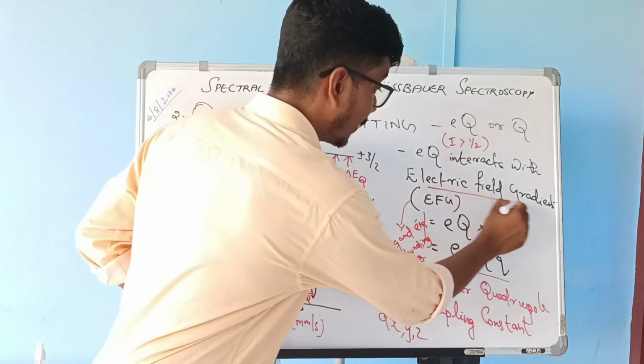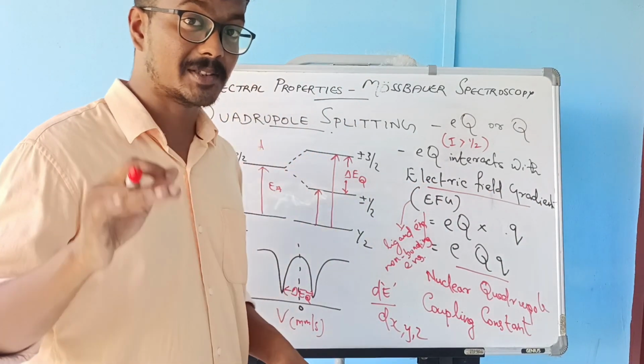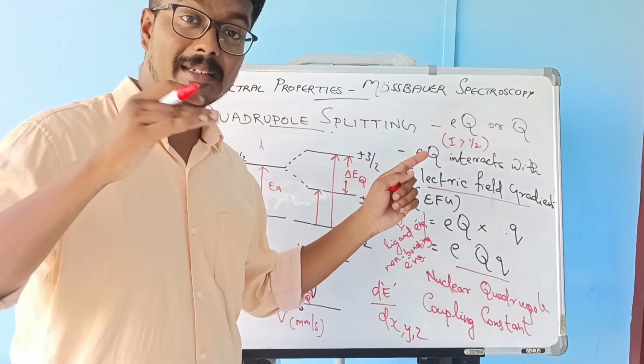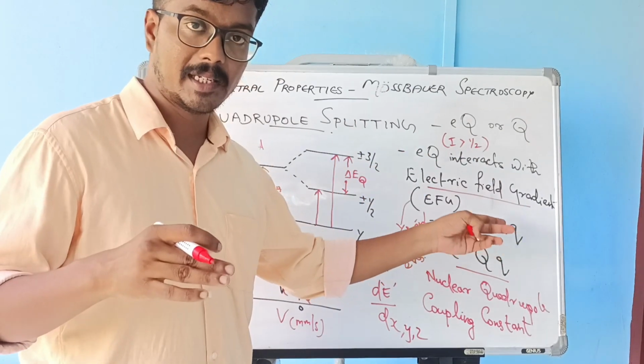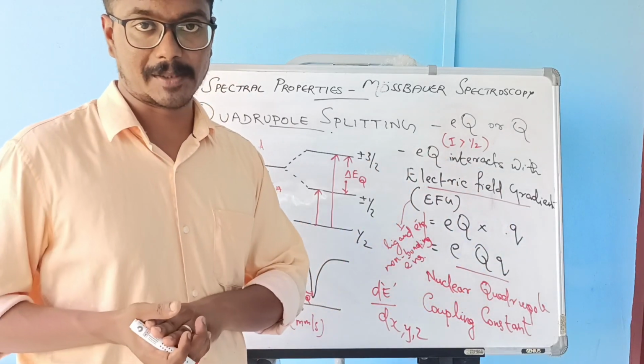The quadrupole nuclei interact with this electric field gradient, forming the nuclear quadrupole coupling constant.